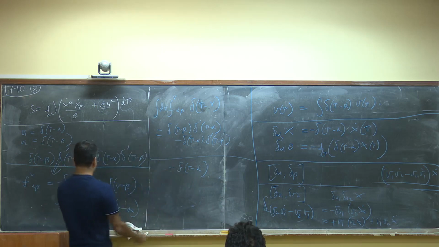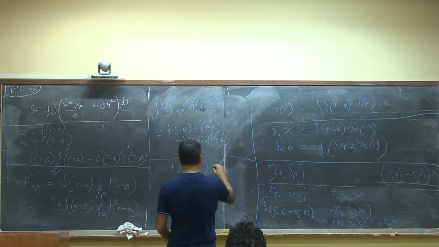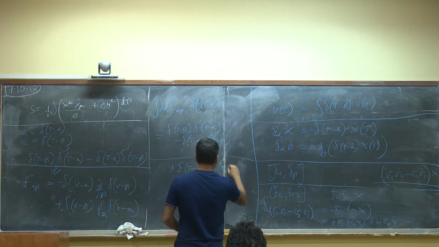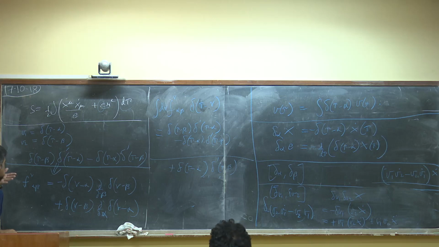Then we get del beta, but that's minus, so plus delta prime of tau minus beta, which is the second term but with a minus sign. Yeah. Have I messed up on the signs? Let me check.